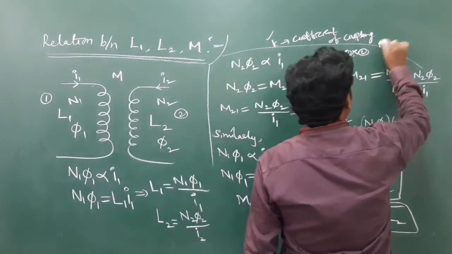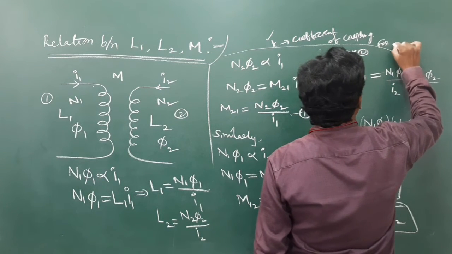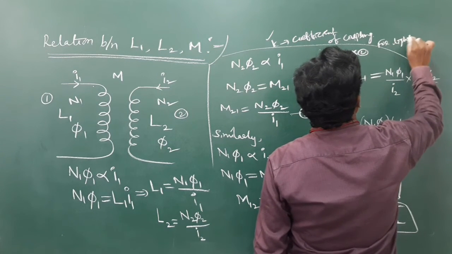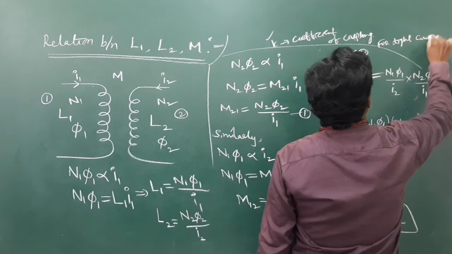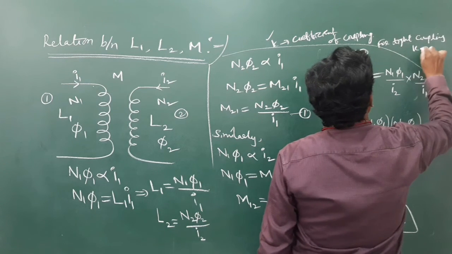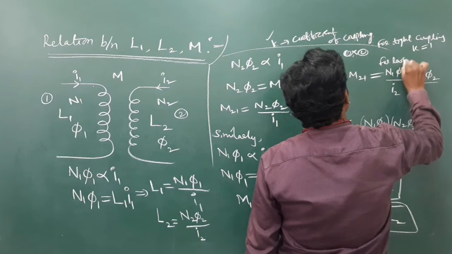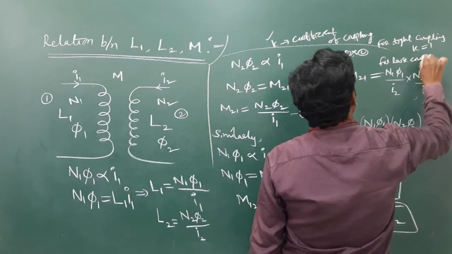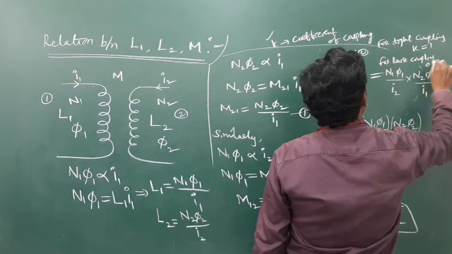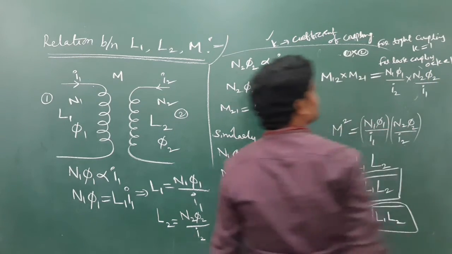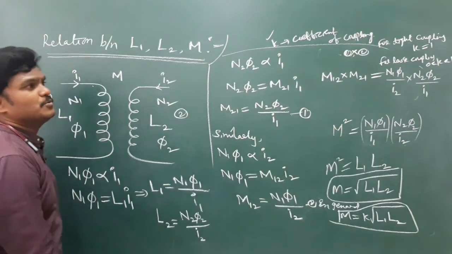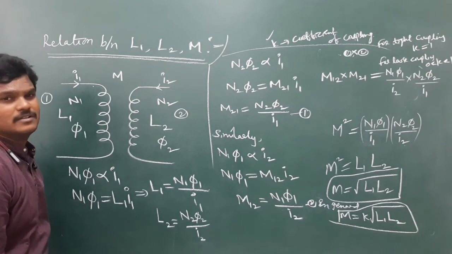For tight coupling, just keep the value in mind, K is 1. For loose coupling, K varies between 0 and 1, 0 less than K less than 1.